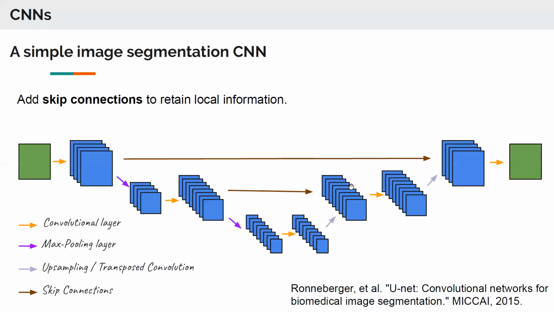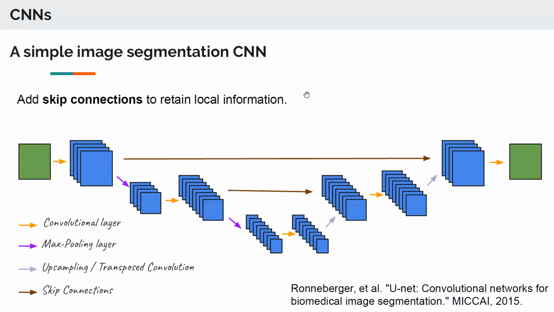Similarly, at this level again, you have these guys which are concatenated to these guys, and they act as the input channels to this convolutional layer. So you have local information which has not been lost due to the max pooling operations.